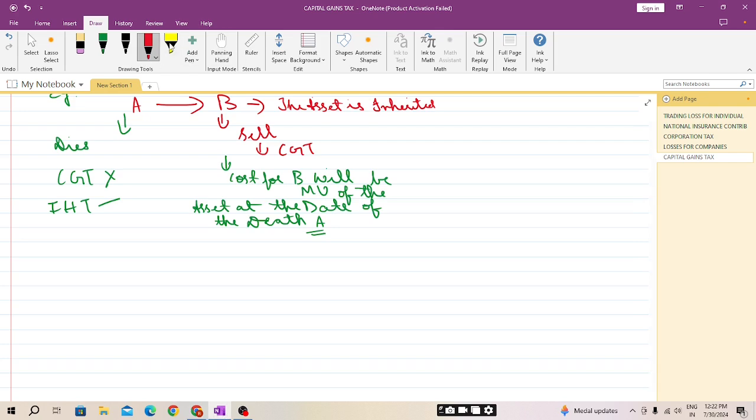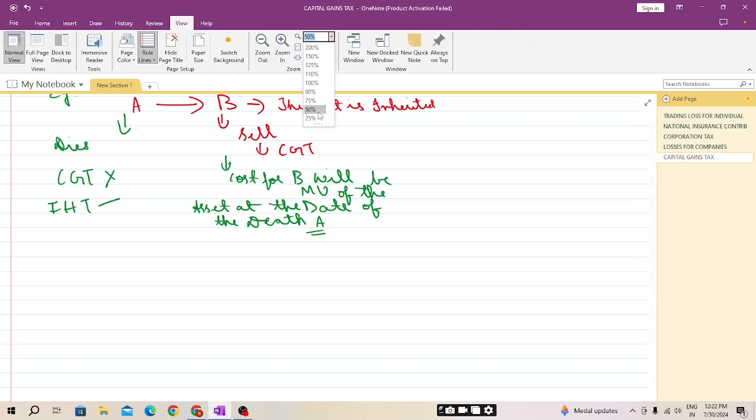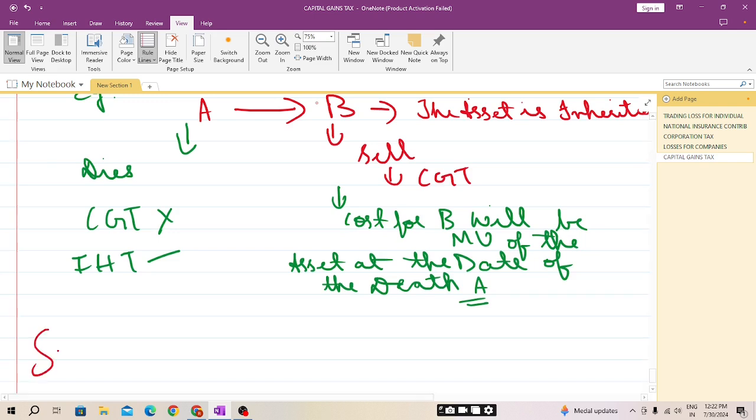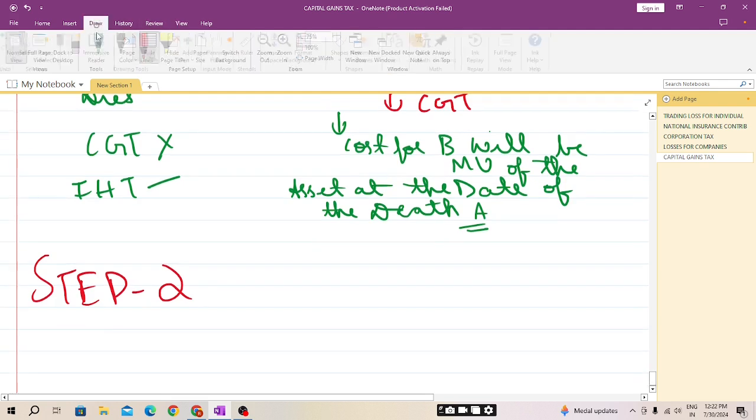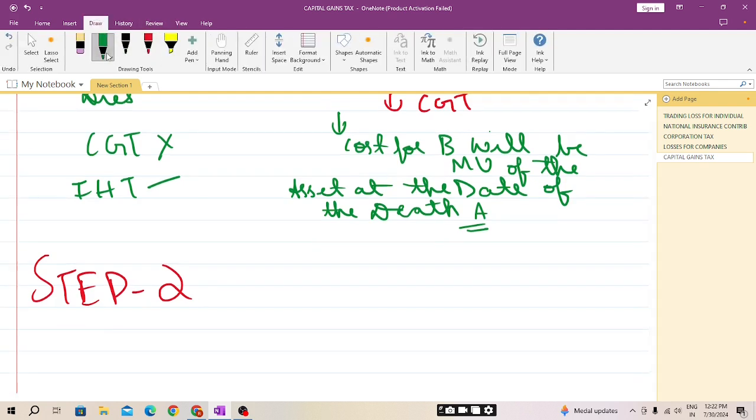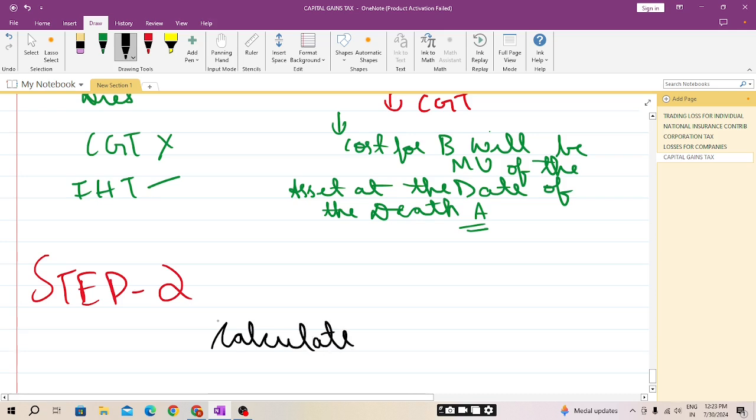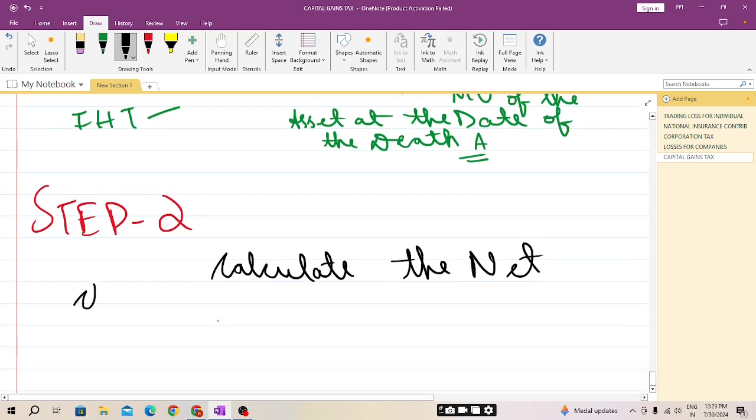Step 2, students, was to calculate the net chargeable gains. This means we need to add all the chargeable gains or losses so that we arrive at our net figure.